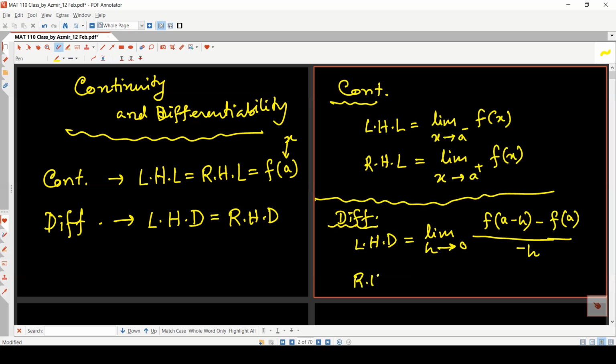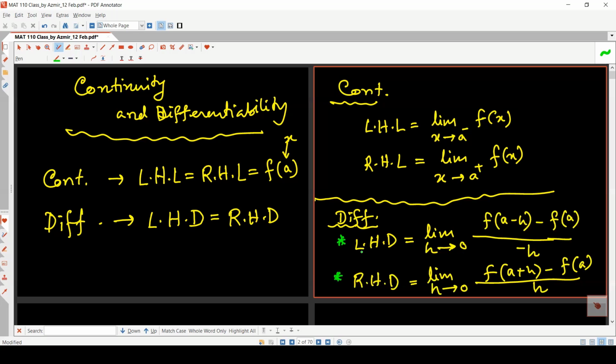Similarly, for right-hand derivative, the formula is limit h tends to 0, f of a plus h minus f of a divided by plus h. So you have to remember these two conditions, left-hand derivative and right-hand derivative.